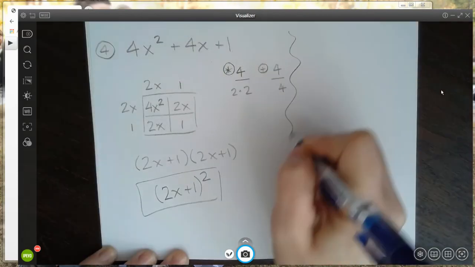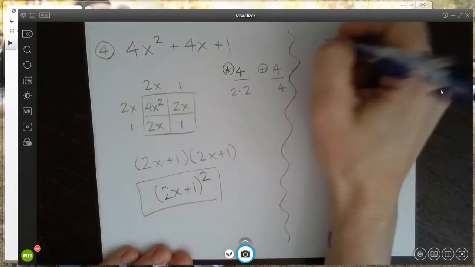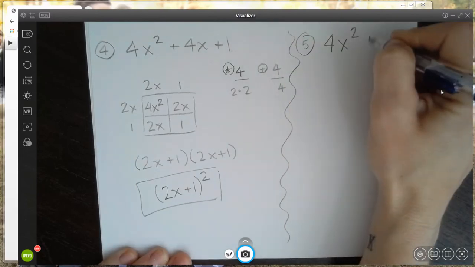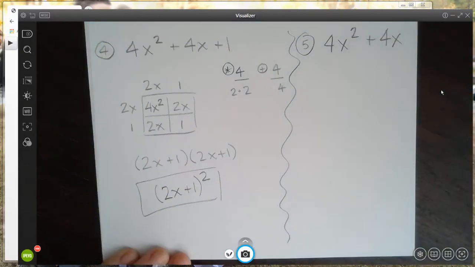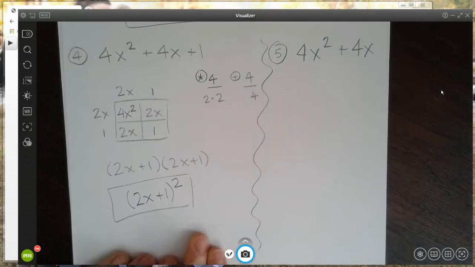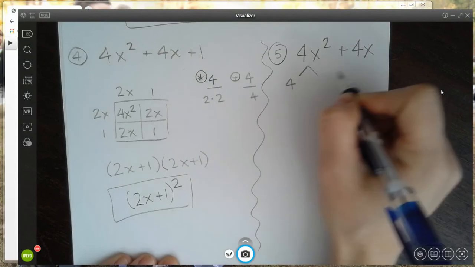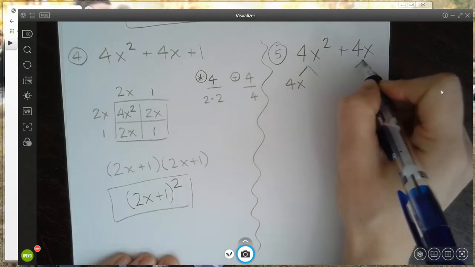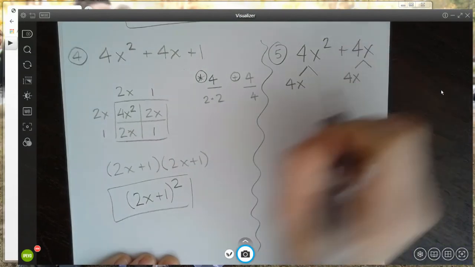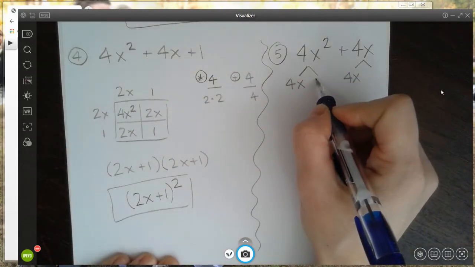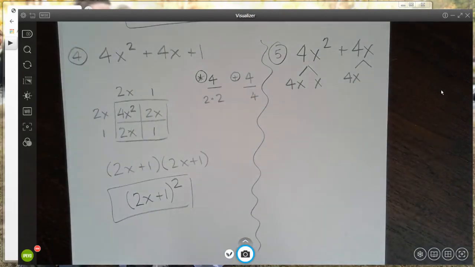So just as a comparison, if I was given 4x squared plus 4x, and that's what I needed to factor, both of these can be divided by 4 and x. So what would be missing to get me back to 4x squared? Well, I'm missing an x.